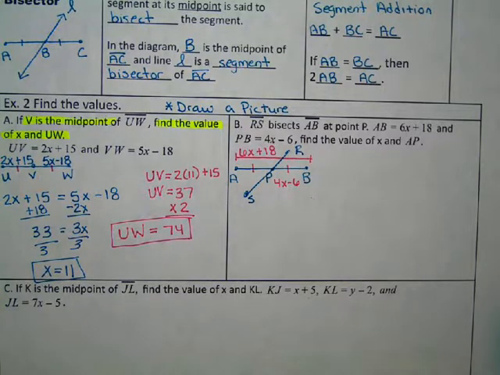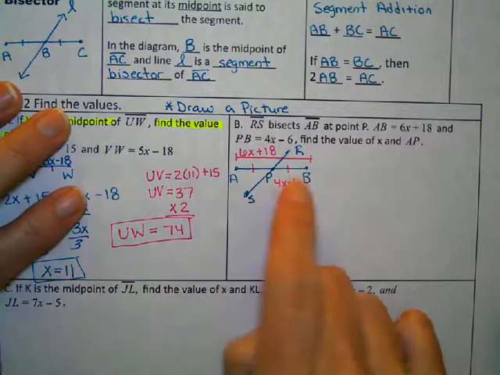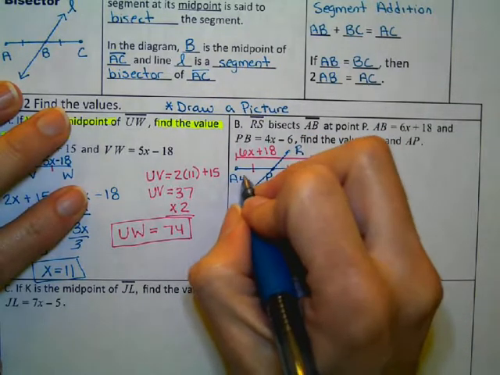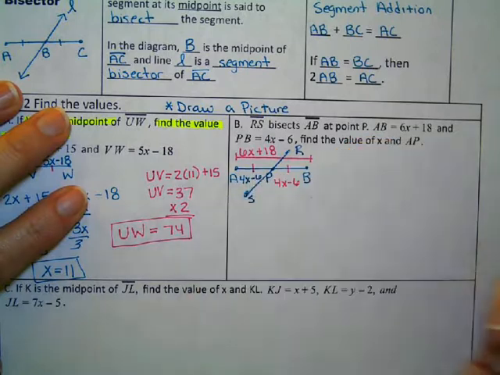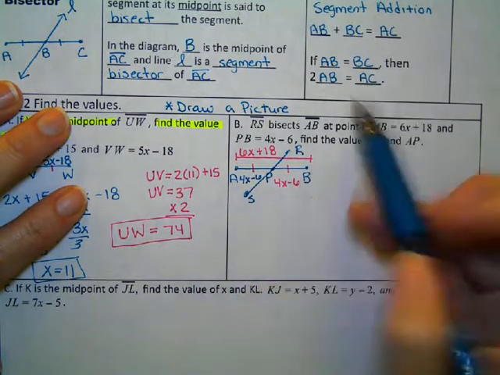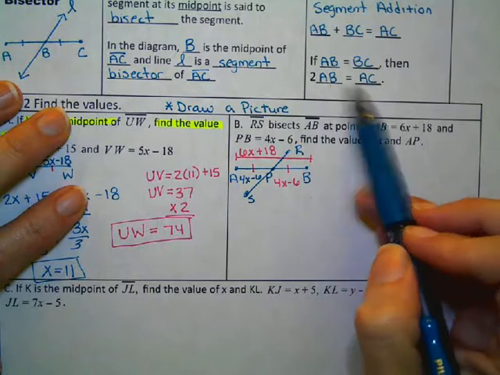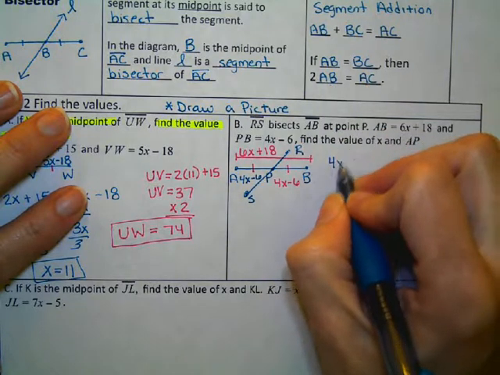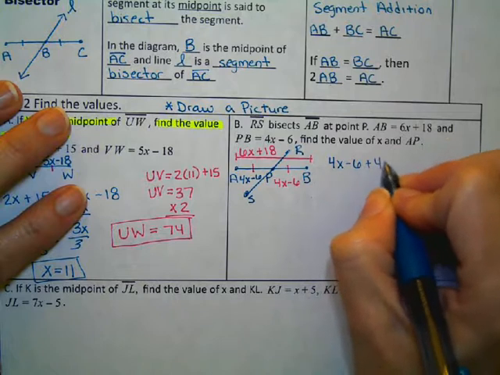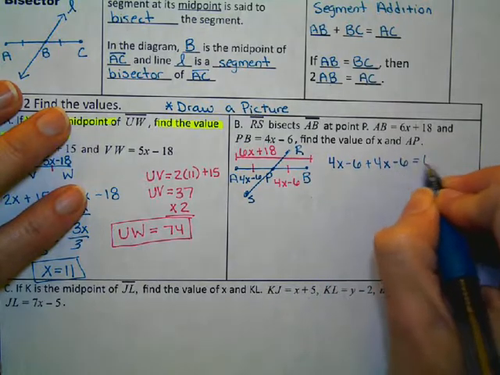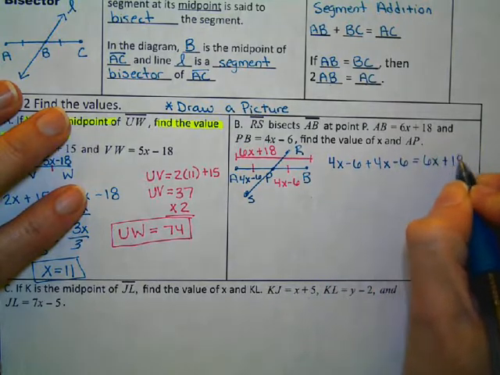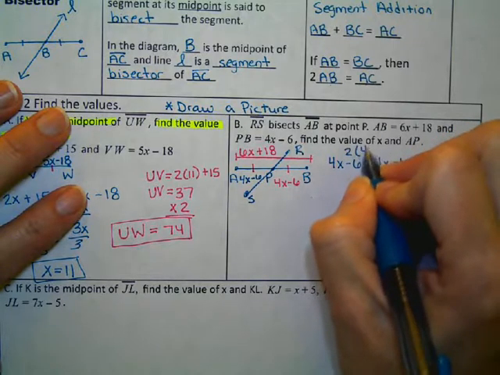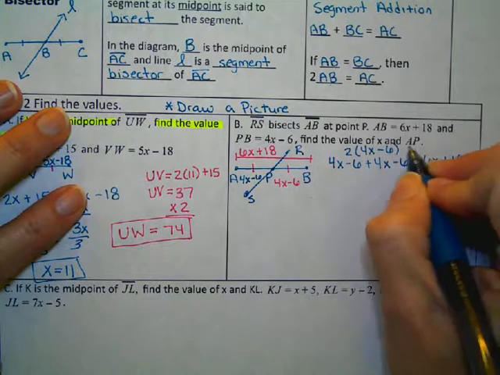So if we know these two parts are equal, we can also write in that this is 4x minus 6. Or you can do like they did up here and say 2 times that should equal the whole length. Either way you want to do it. If you want to write out 4x minus 6 plus 4x minus 6 equals 6x plus 18, or feel free to just write 2 times 4x minus 6 equals 6x plus 18.